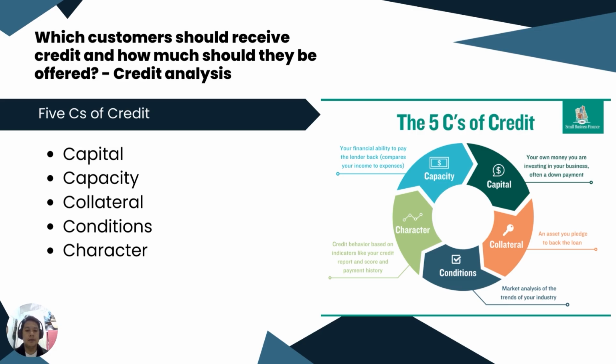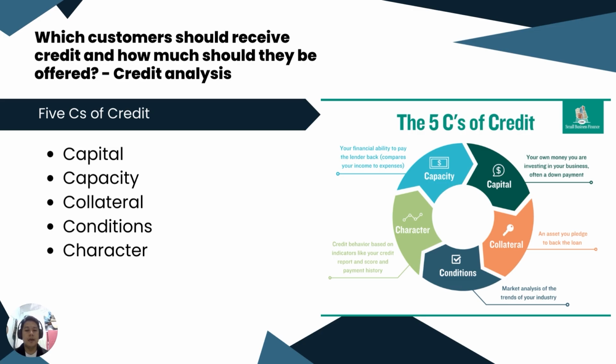Capital refers to the financial condition of a firm as indicated in its financial statement, while capacity refers to the customer's ability to pay as determined from the customer's past records or business methods.